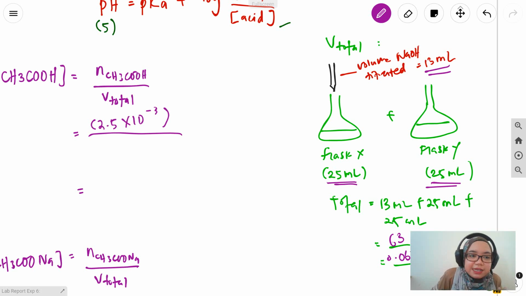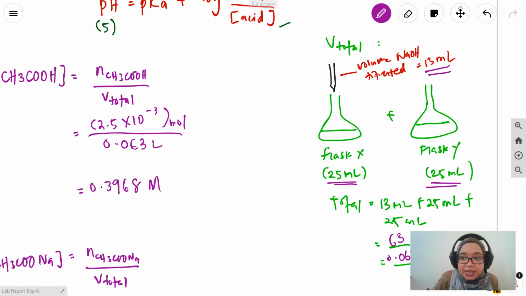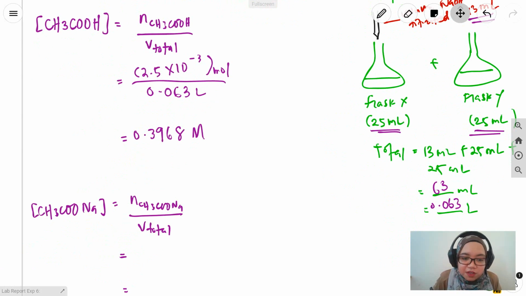So here you will get the concentration of acetic acid as 0.3968 molar.